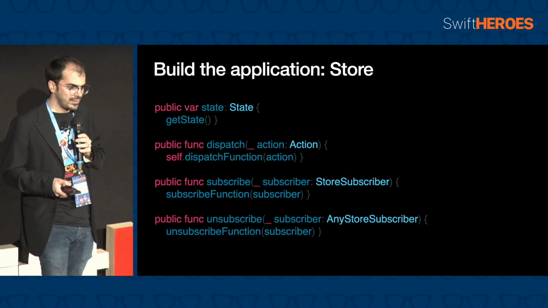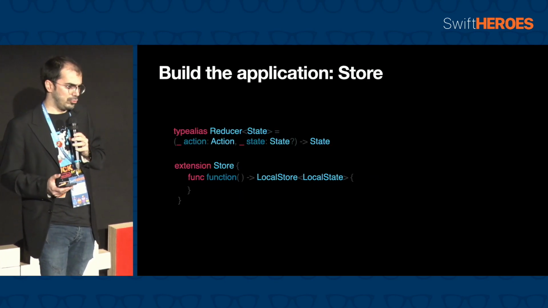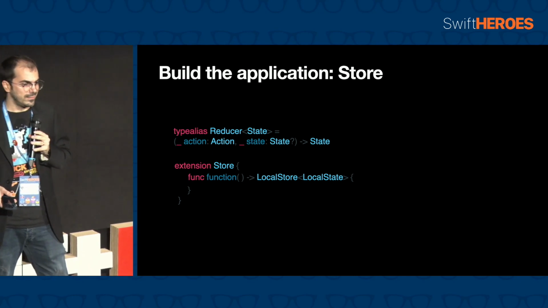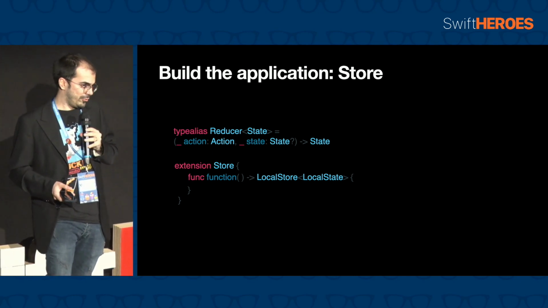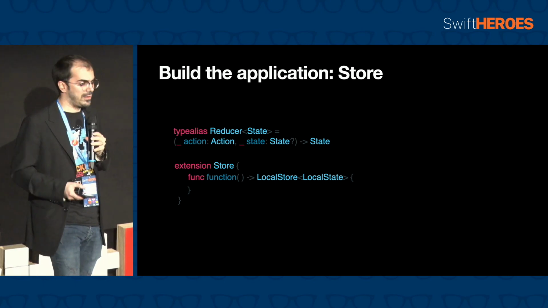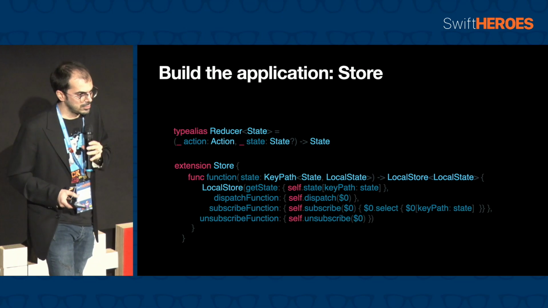How can we use it? Let's go back to our old solution. So instead of returning a store, we can return here a local store, and then we can compute the local store in this way.